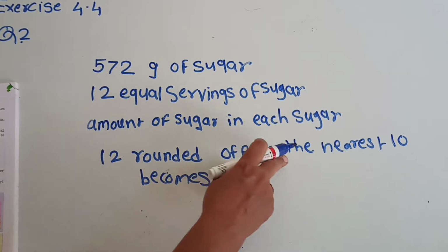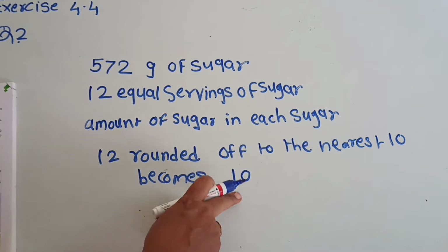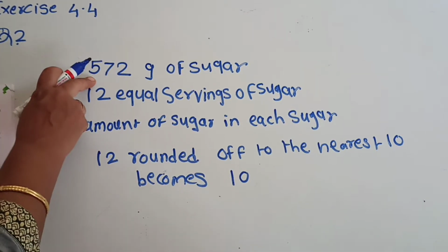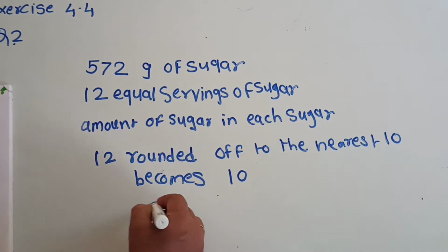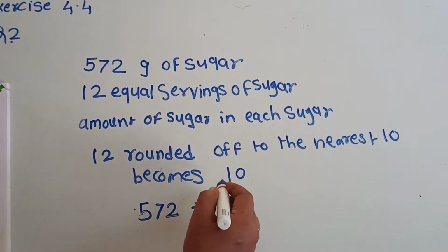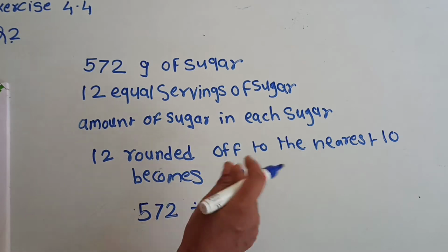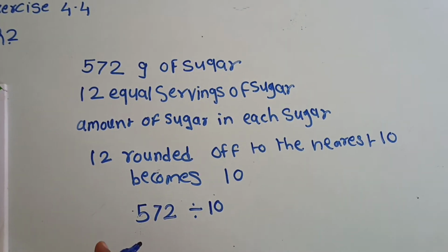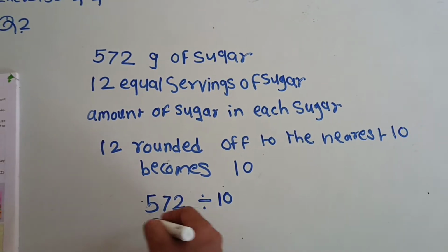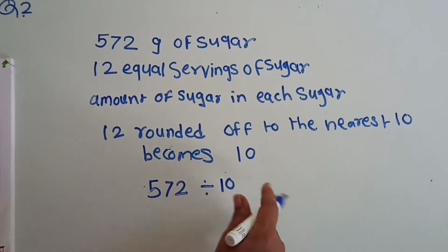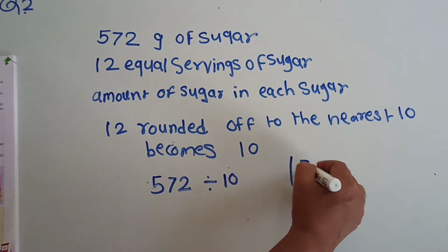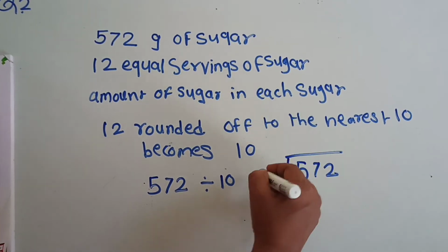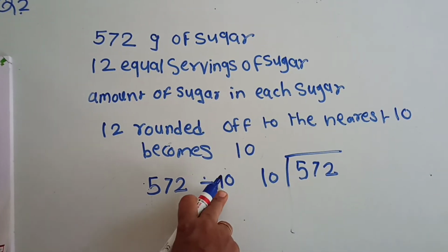So 12 rounded off to the nearest 10 becomes 10, and here we have to divide 572 by 10. Now we are going to do division: 572 divided by this rounded off 10.